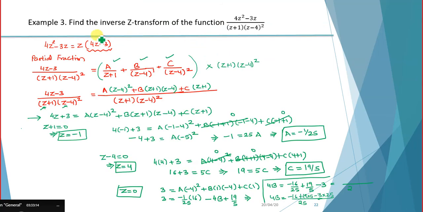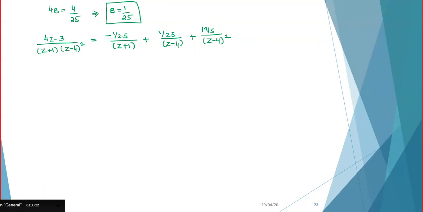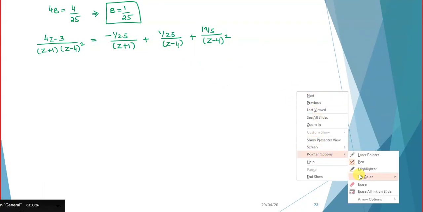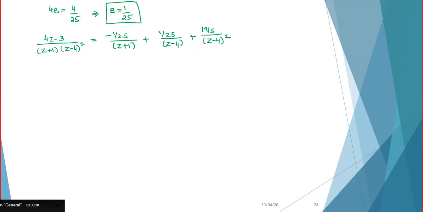Now see, we just kept this z safe. We didn't use it in partial fraction. Now we multiply with this z on both sides. Okay, so when we multiply z on both sides, here it becomes z, here z.